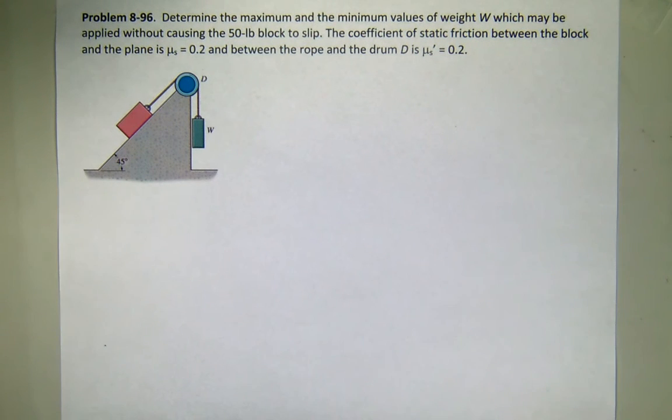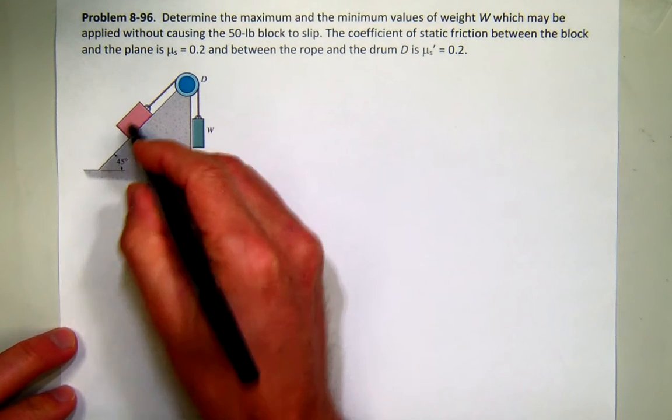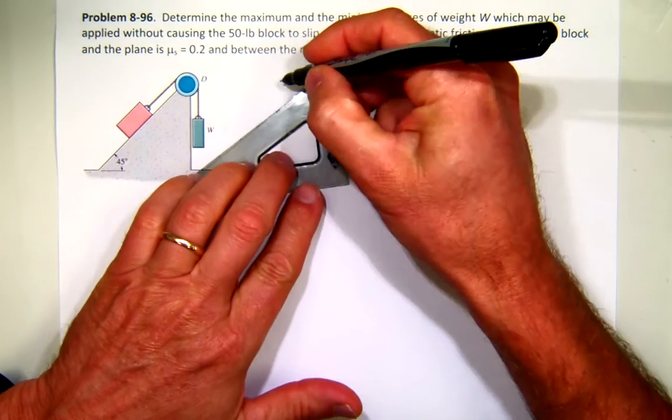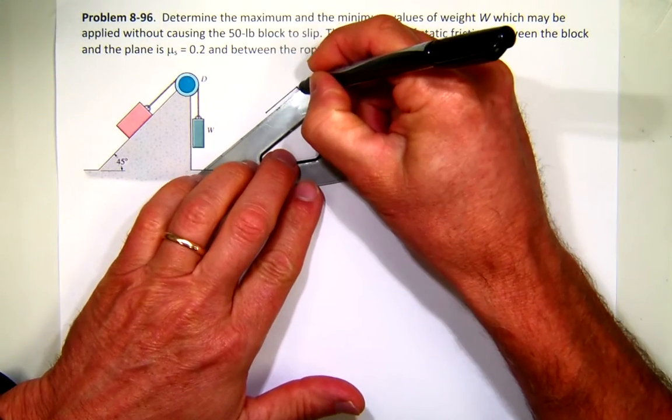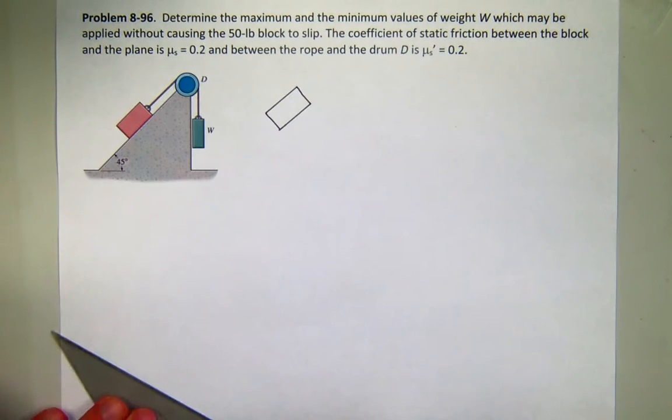Okay, so let's start with some free body diagrams of the problem, and let's see what we can solve. First thing I'll do is start with this block here on the left. So let's draw the free body diagram of that block. So there's our block.